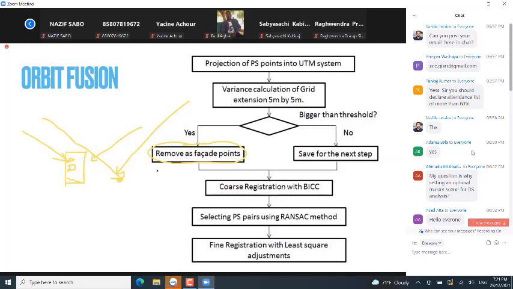So we have to remove the facade points and just register the ground points, putting them together. And then we can correct for the shifts in height and the resulting shifts in the geo coordinates.